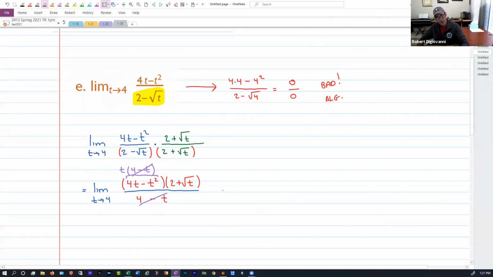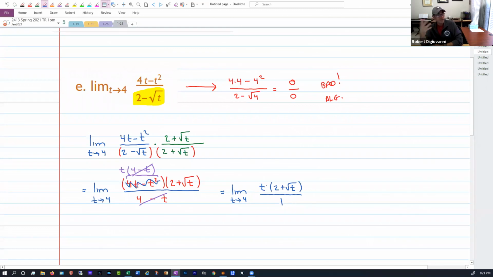And that means we have the limit as t approaches 4. Now let's see what's left. I still have the t, and I still have this thing, 2 plus root t. And the denominator, oh, well, that all canceled out, didn't it? You do have a 1 down there if you want it, but it's gone.